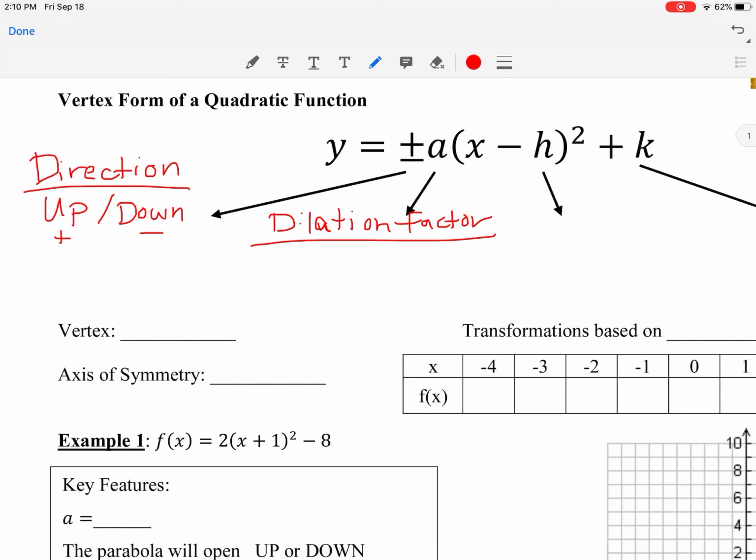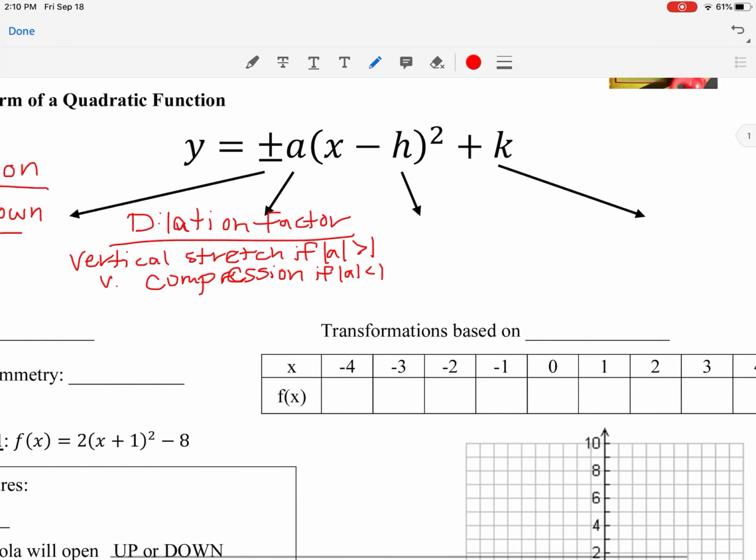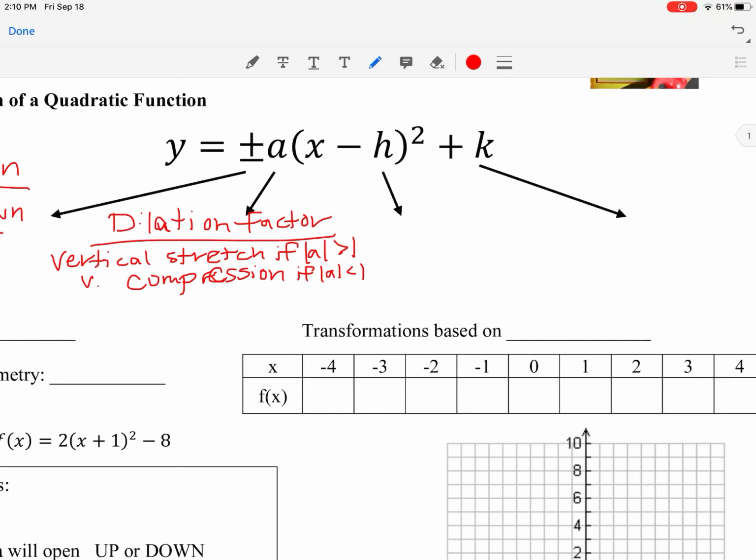So it's going to be a vertical stretch if the absolute value of A is greater than 1, it doesn't matter if it's positive or negative. And then it's going to be a vertical compression, or gets smaller, shorter, if the absolute value of A is less than 1. So fraction, decimal, 0.5, or 1/2, or 1/3.